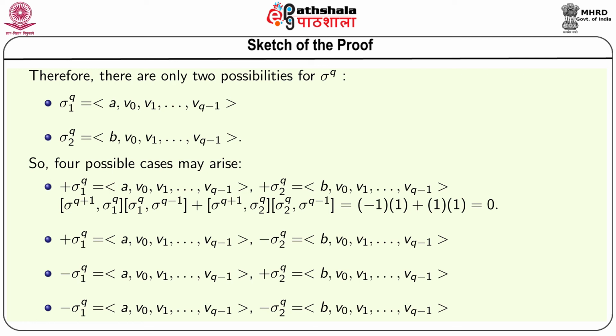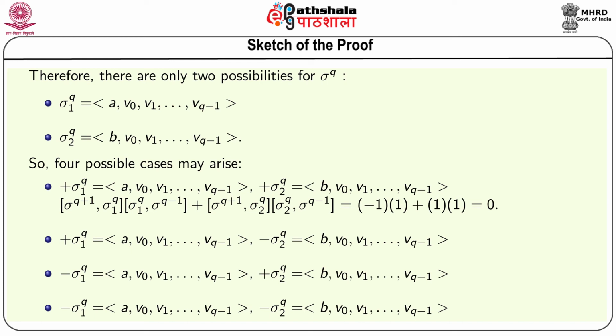First, sigma q1 is positively oriented, and sigma q2 is also positively oriented. In such a case, if we calculate the incidence numbers, then we get that the incidence number of sigma q plus 1 with sigma q1 is minus 1, and sigma q1 with sigma q minus 1 is 1.